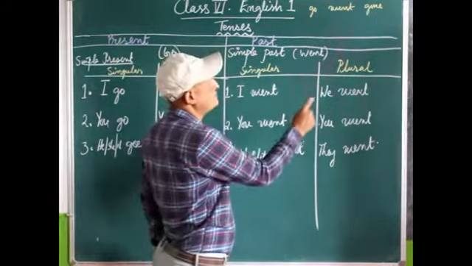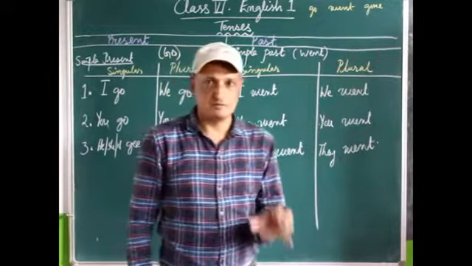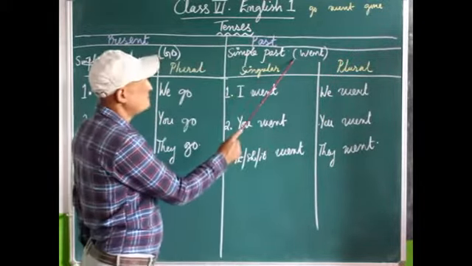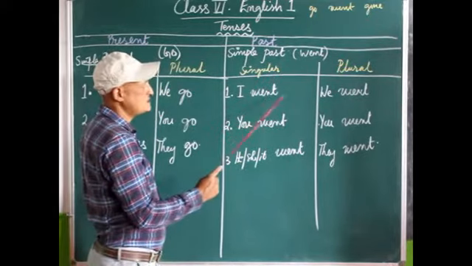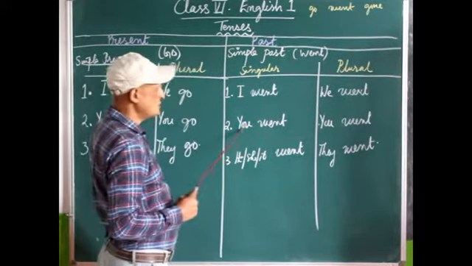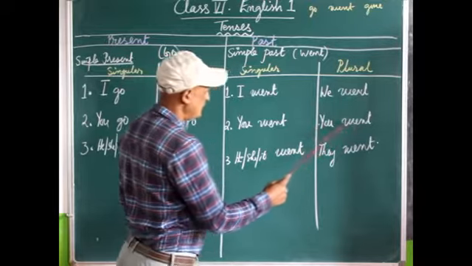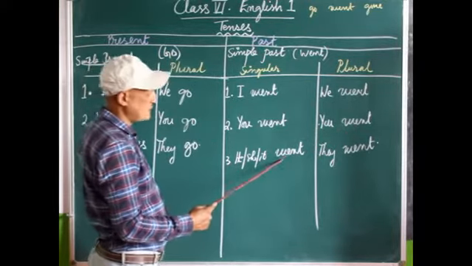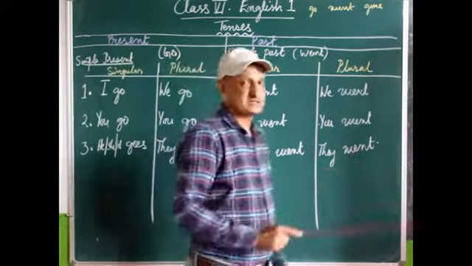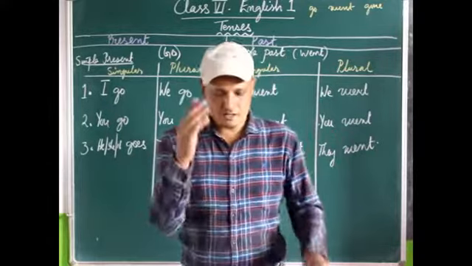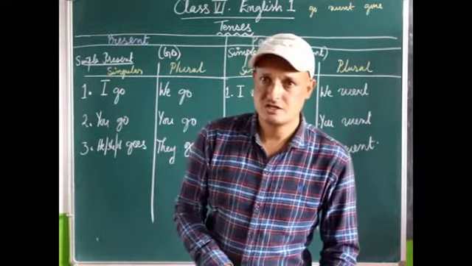These things are to be kept in mind and it has to be memorized. Did you understand the simple past? I went, we went, you went, you went, he, she, it went, they went. Is it clear?